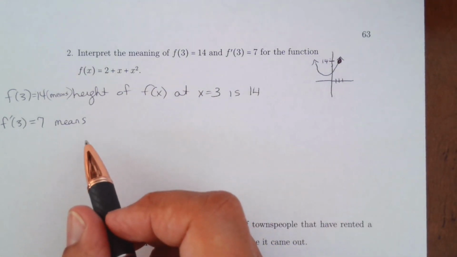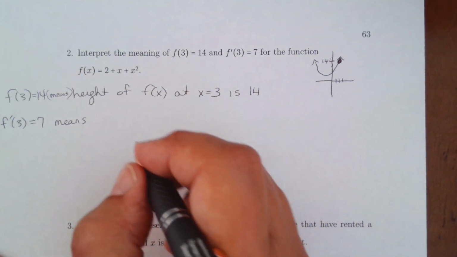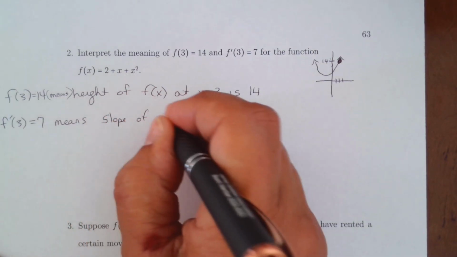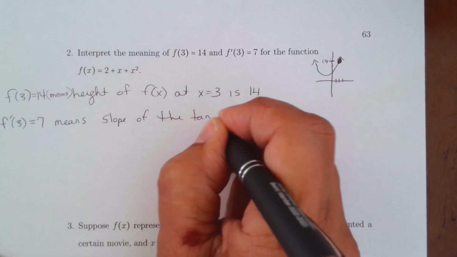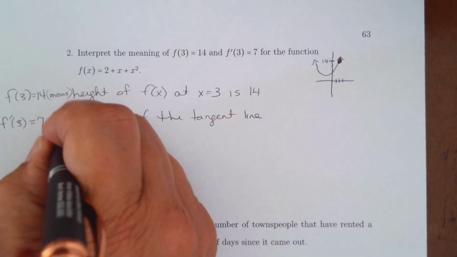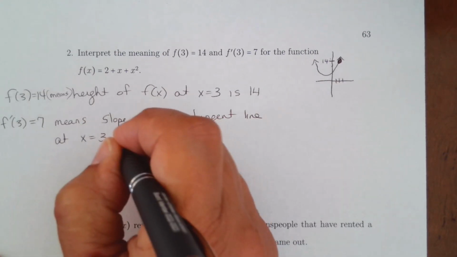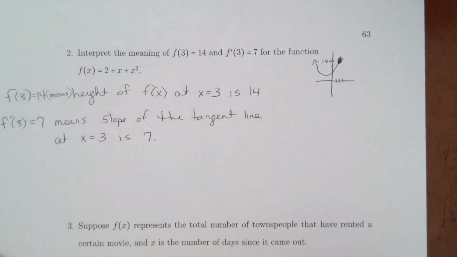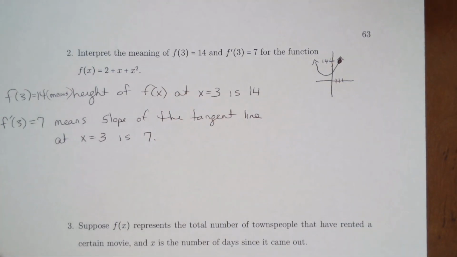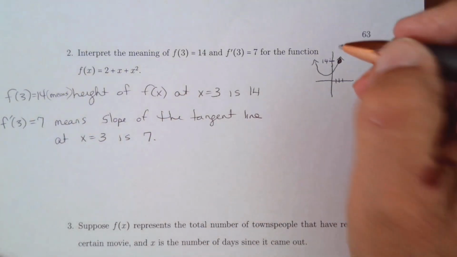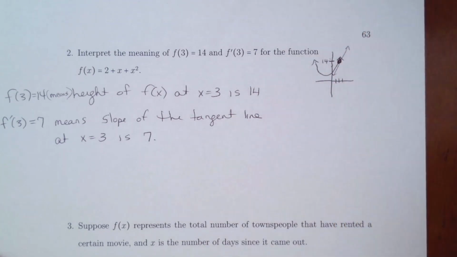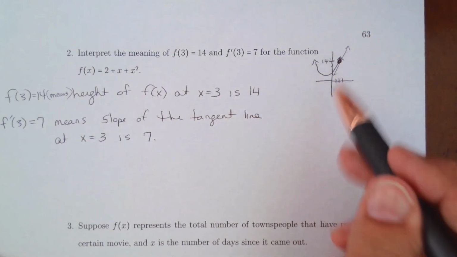So this means the slope of the tangent line at x equals 3 is 7. Or again, the instantaneous rate of change of the tangent line is 7. The tangent line would be somewhere around here, and we're just saying the slope of that line is 7.